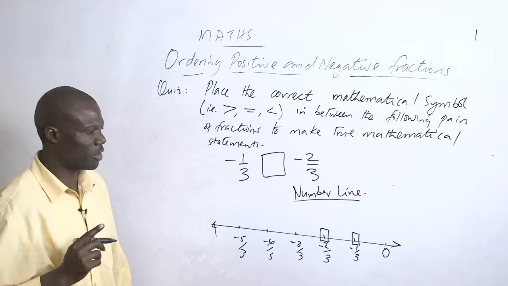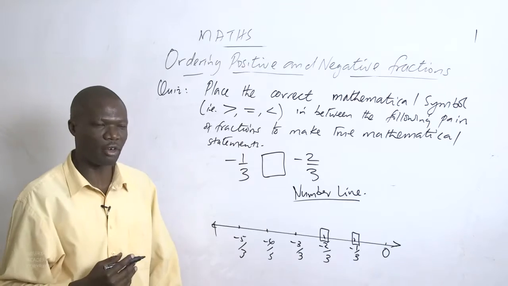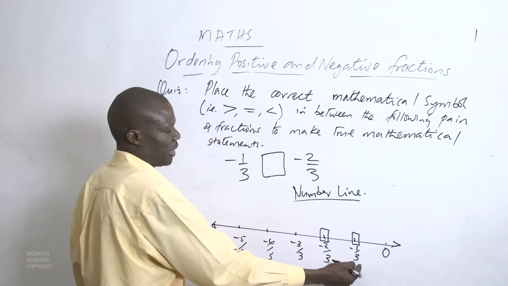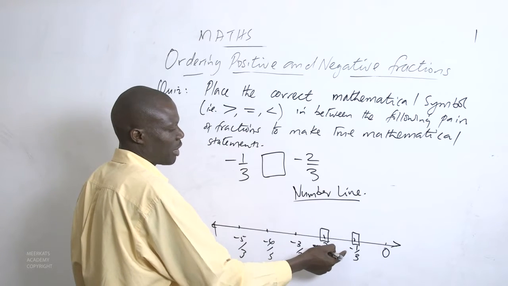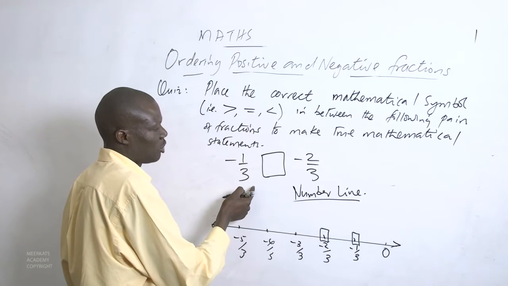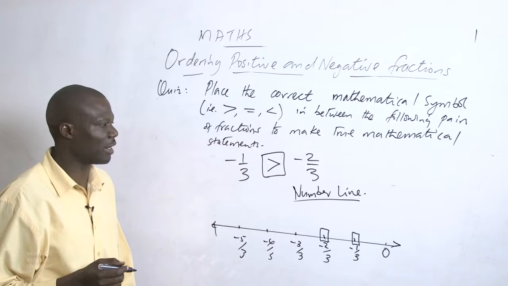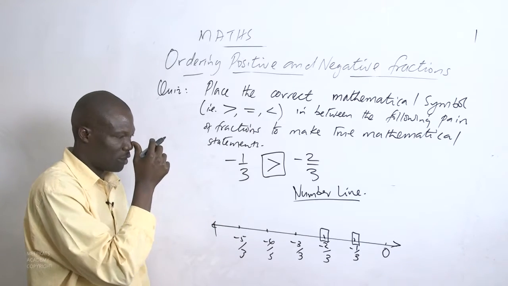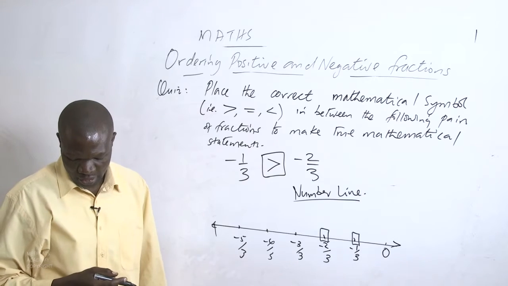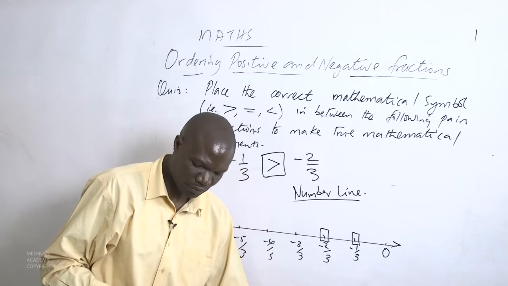If your number is on the right side of another number, then it is larger. So negative a third is on the right side of negative 2/3, which implies that negative a third is greater than negative 2/3. That is how we work it out using the number line.